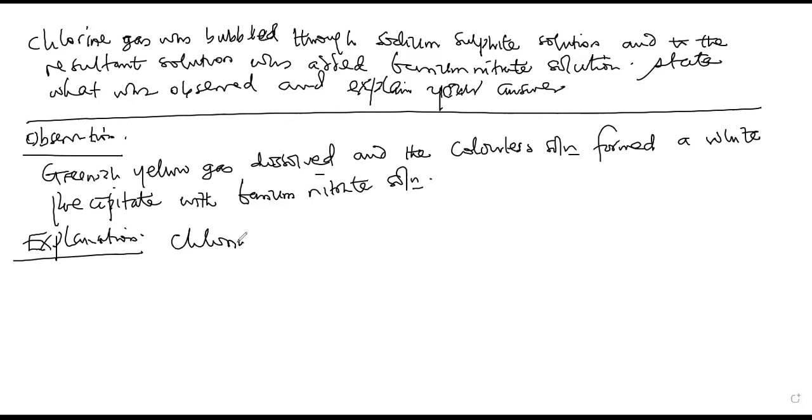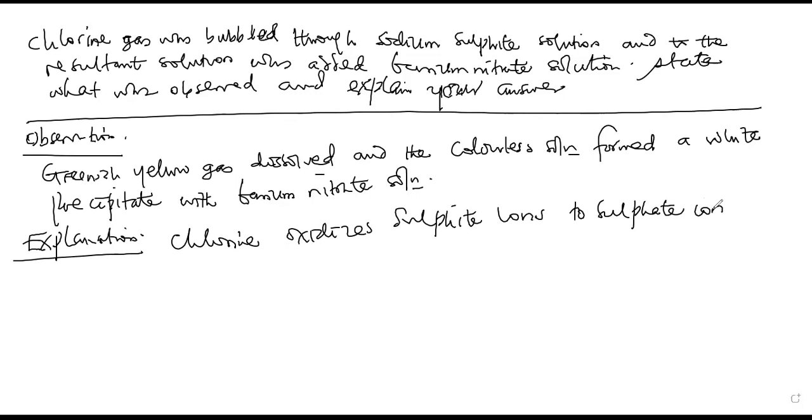Then the explanation behind this: chlorine, being an oxidizing agent, oxidizes sulfite ions to sulfate, and itself is reduced to chloride ions.